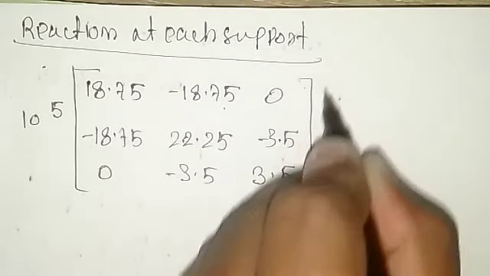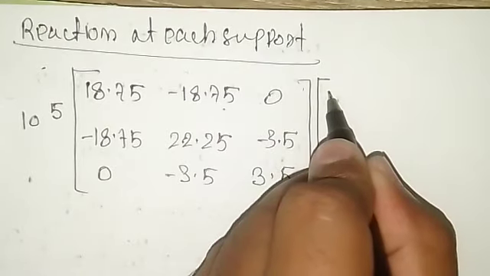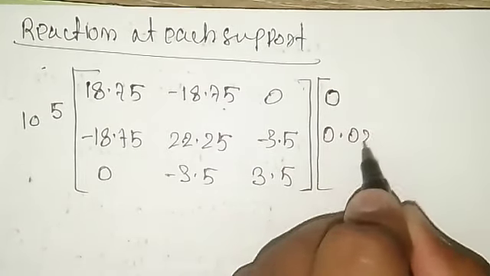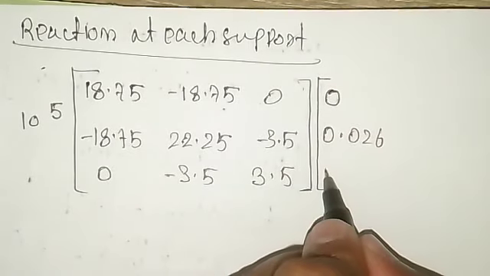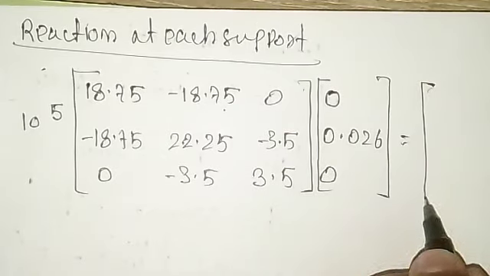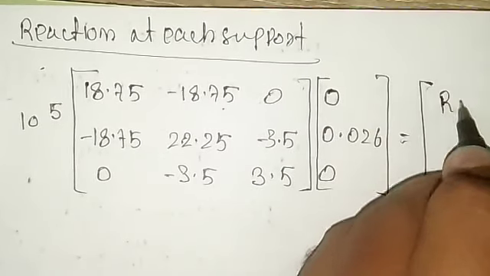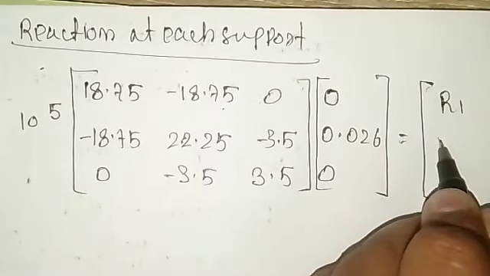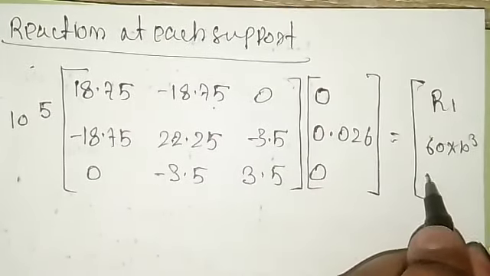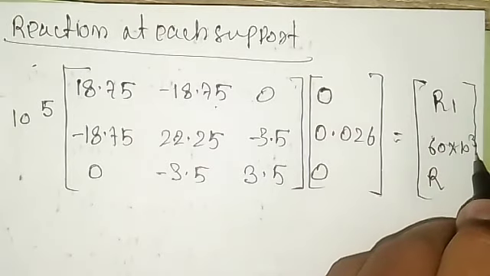K we have written. Then we write U1, U2, U3. U1 is 0, U2 we calculated as 0.026, and U3 is 0. We have to find the reaction R1 first at each support. R1 at support 1; R2 is given, that is 60 into 10 to the power of 3, not required to find; and R3, right?